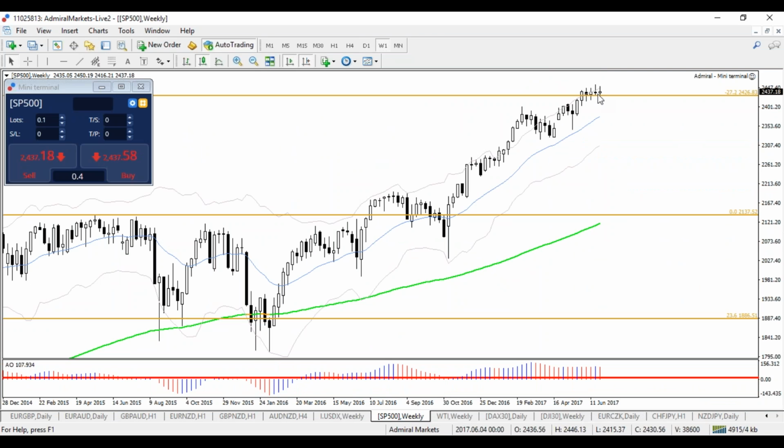Some indecision candles here, but nonetheless, higher highs, higher lows mostly. Except this week already has a lower low, but still pushing strongly, in fact.